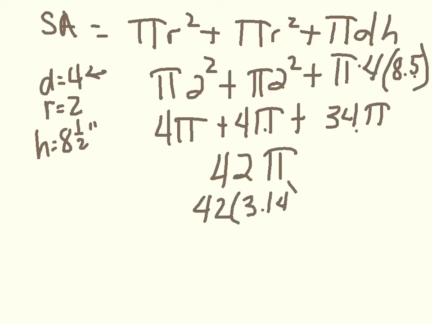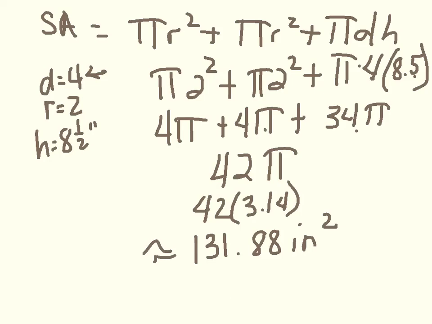And if I want approximate numbers, like square inches, because I very rarely see any measurements on paint cans relating to pi, 42 times 3.14 lets me approximate the surface area of this cylinder. It's 131 and 88 hundredths inches squared.